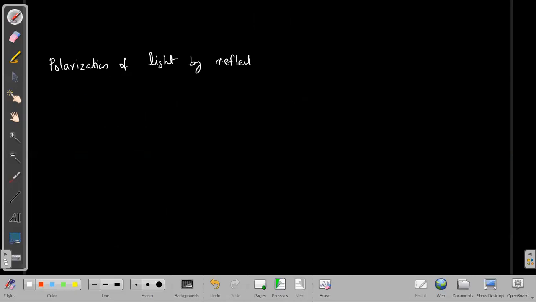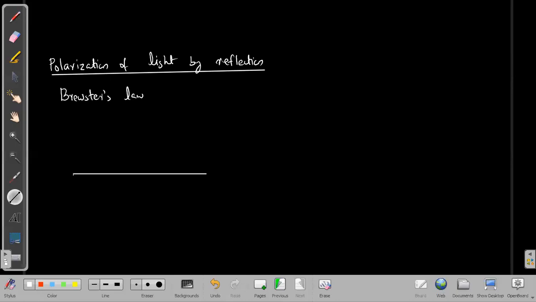This can be easily explained by using one famous law, called Brewster's law. So what it says: suppose you have an interface, some air-glass interface or air-water interface, anything.